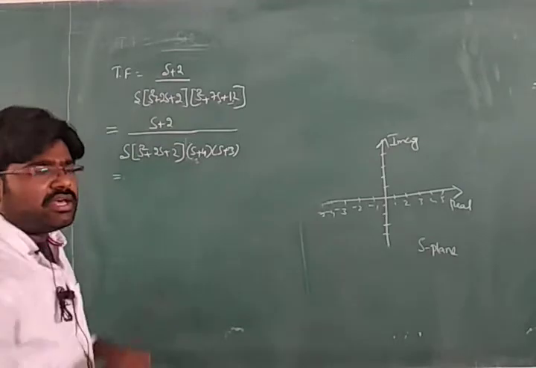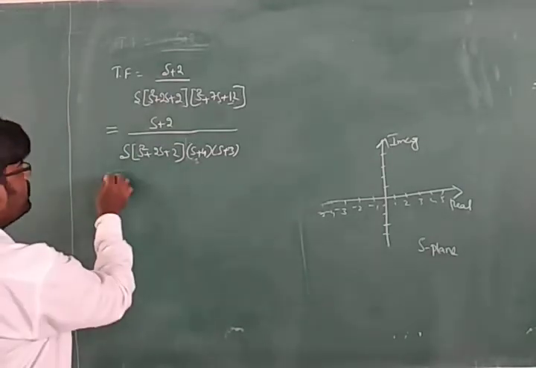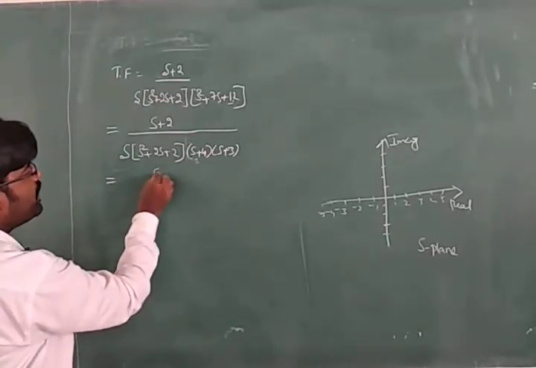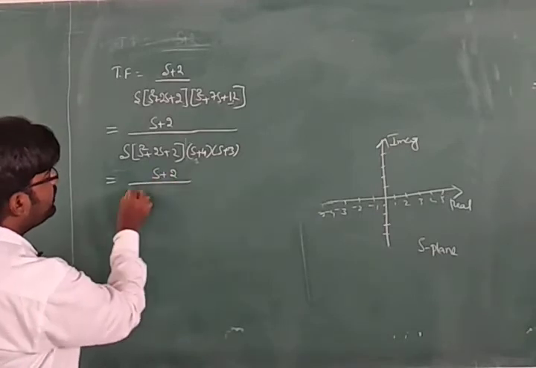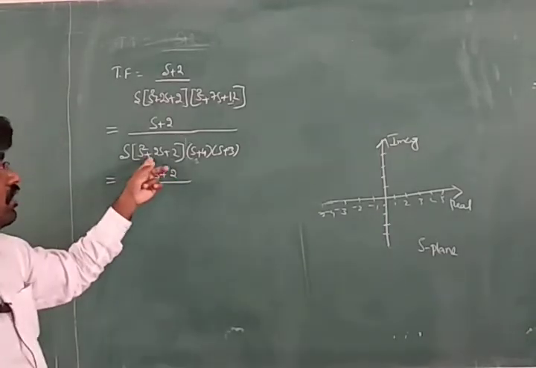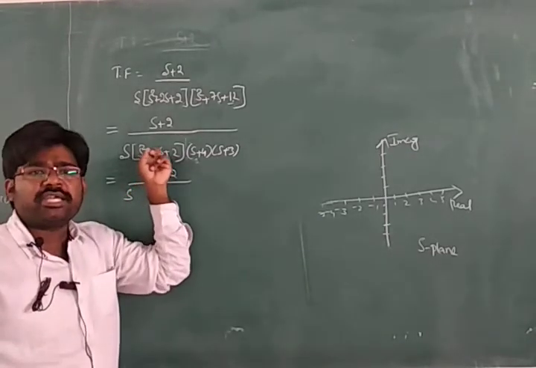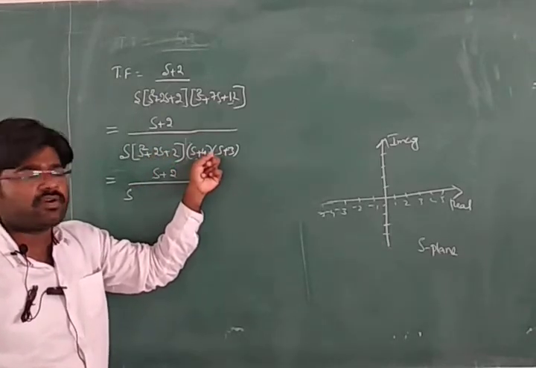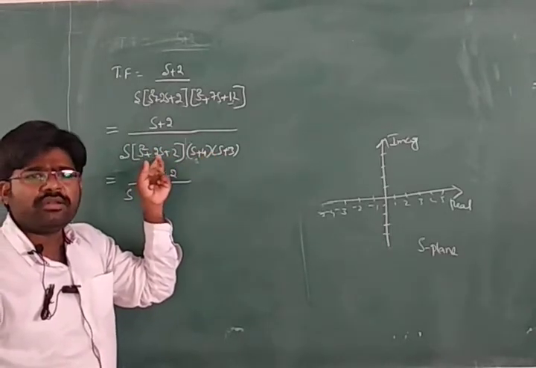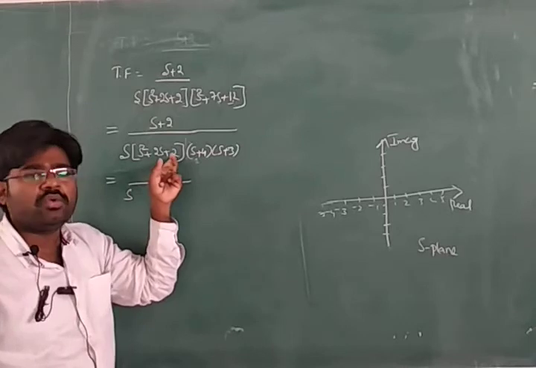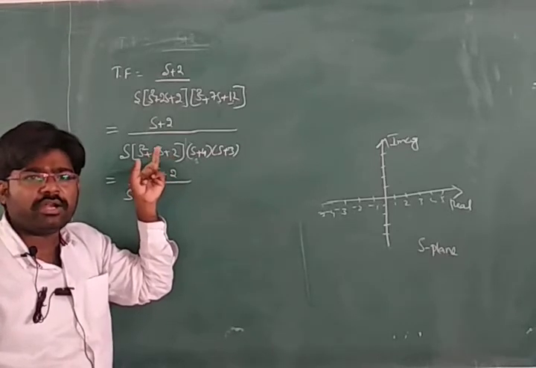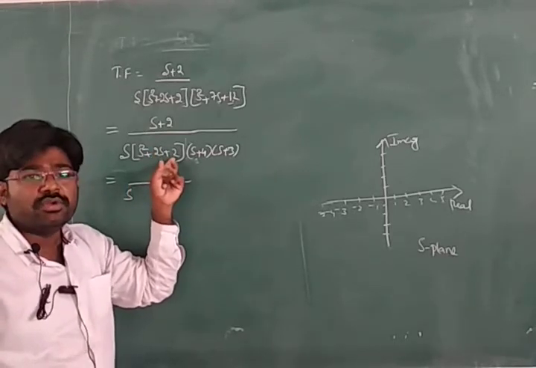Now after that, s plus 2 divided by s into... how to write this equation? This equation we cannot write in this form because 1 into 1 you cannot get 2. If you add 1 and 1 you will get 2, but you cannot get the third coefficient.